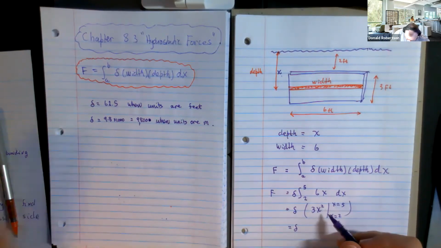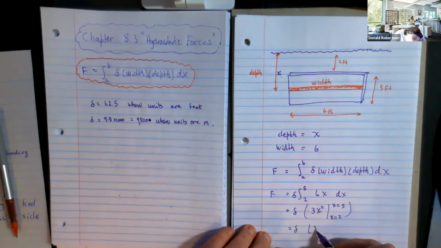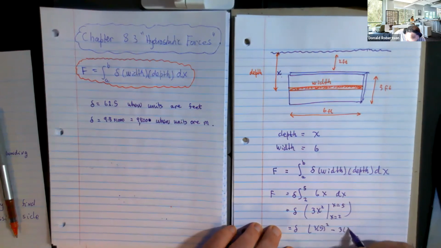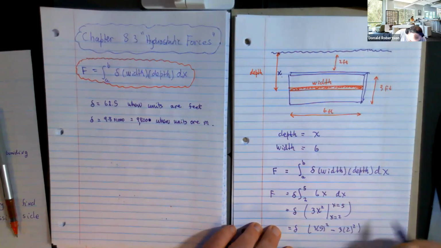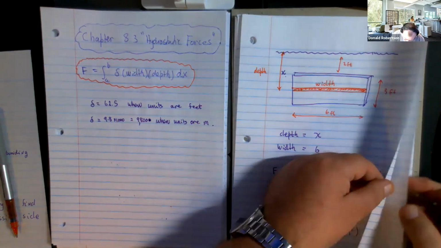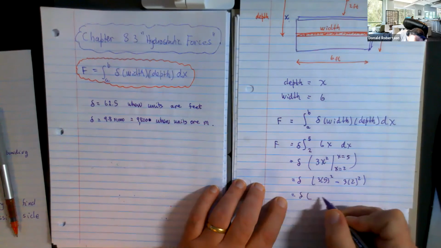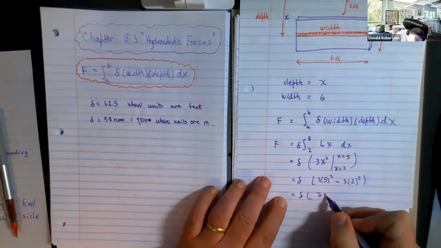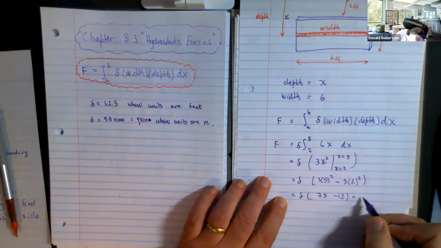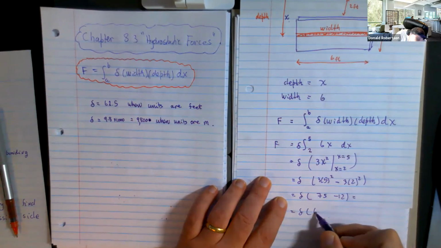And this guy here is 3 times 5 squared, take away 3 times 2 squared. So that's going to be delta times 75, take away 12. Okay, that's going to be delta times, so what, 63.